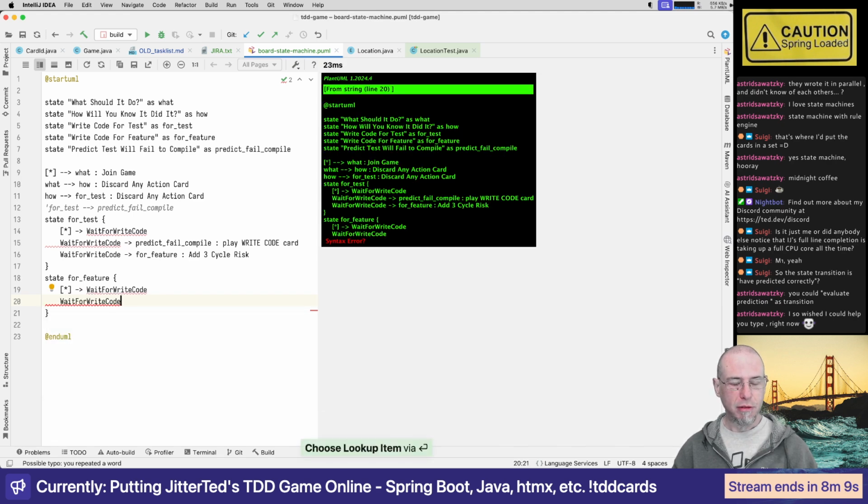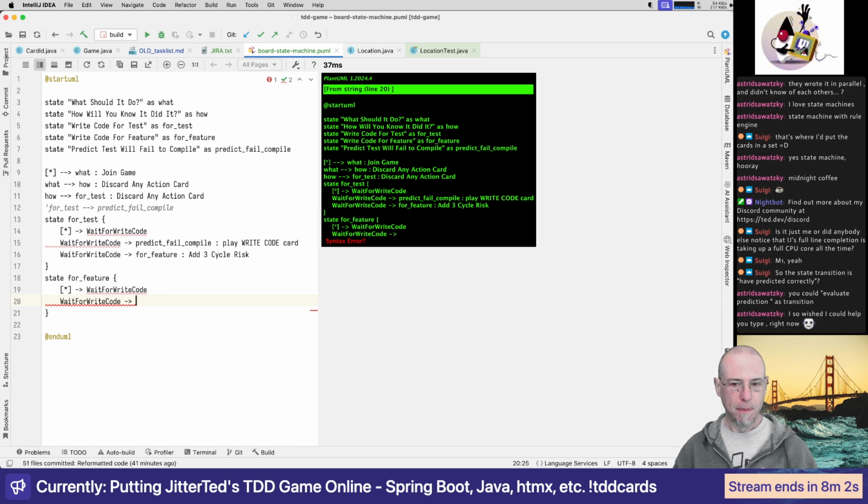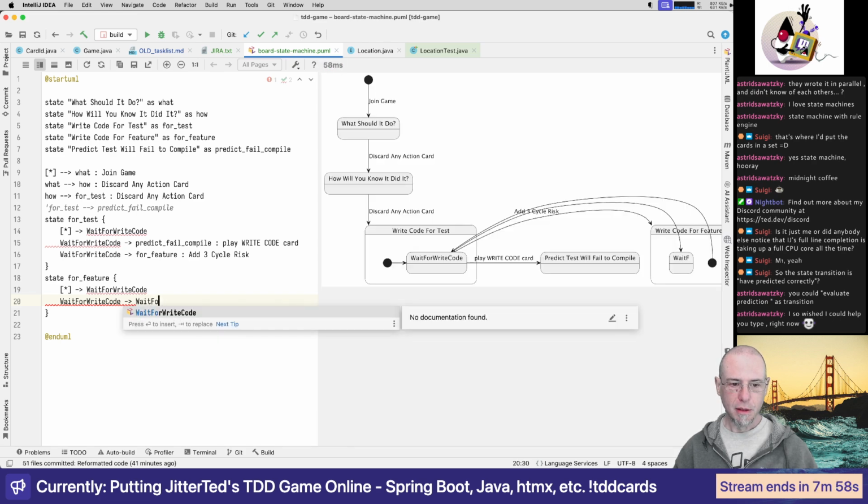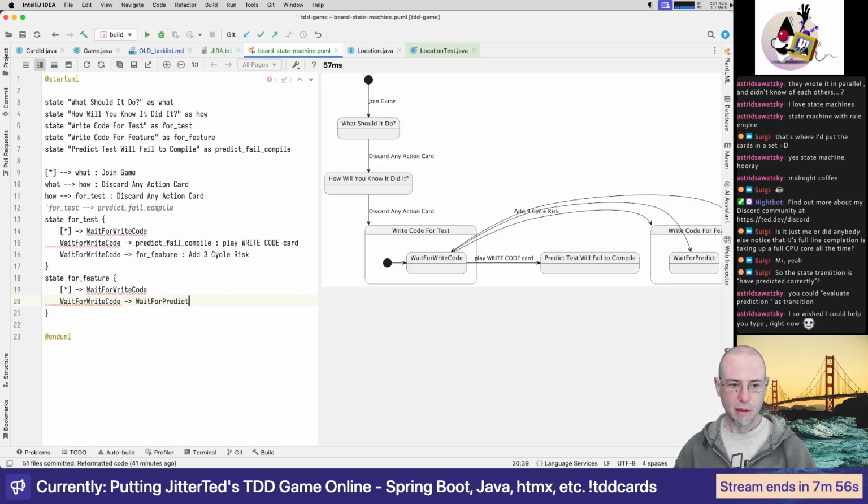And so wait for write code, if you write code, then we are now in wait for predict.